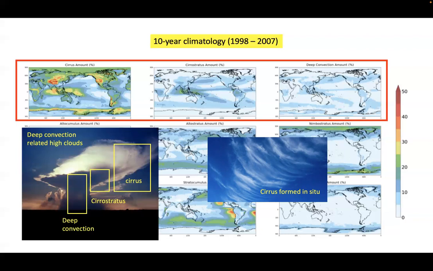That's why sometimes there are maxima in the mid-latitudes that do not overlap the tracks of deep convection and cirrostratus. Some places are very similar, other places are not as similar. But deep convection and cirrostratus are almost always similar.